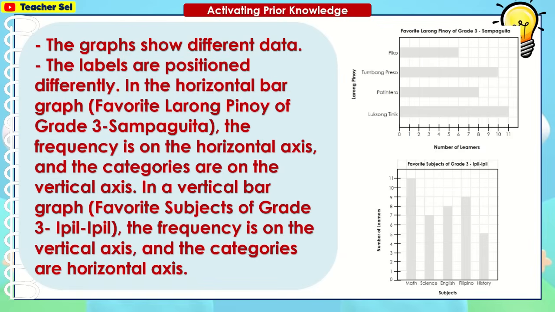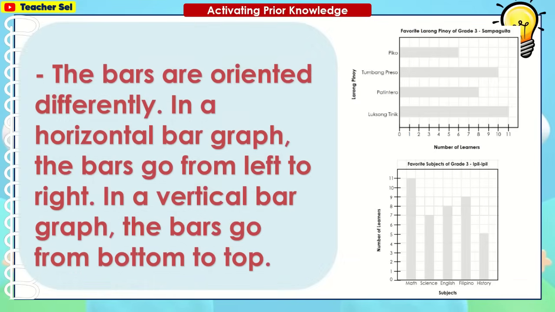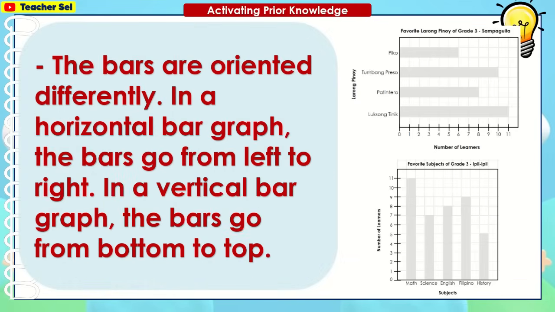In a vertical bar graph, Favorite Subjects of Grade 3 Ipil-Ipil, the frequency is on the vertical axis, and the categories are on the horizontal axis. The bars are oriented differently. In a horizontal bar graph, the bars go from left to right. In a vertical bar graph, the bars go from bottom to top.